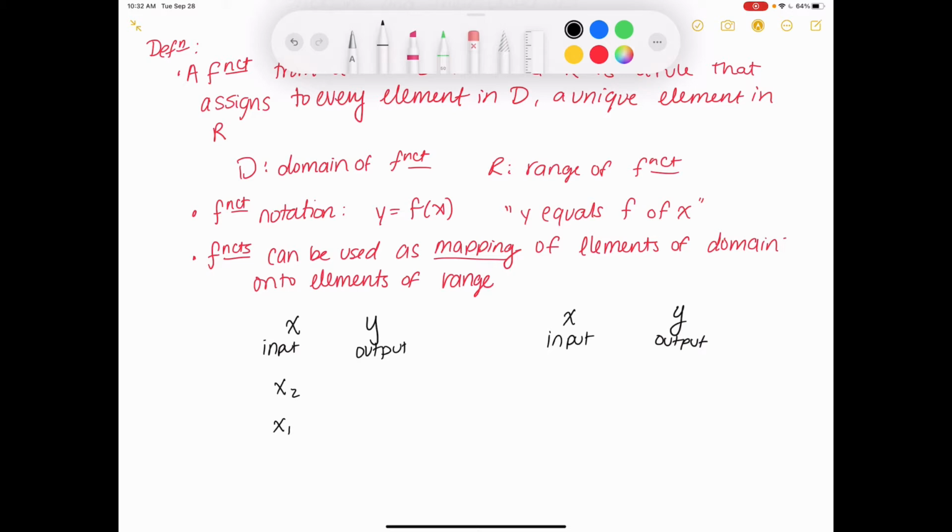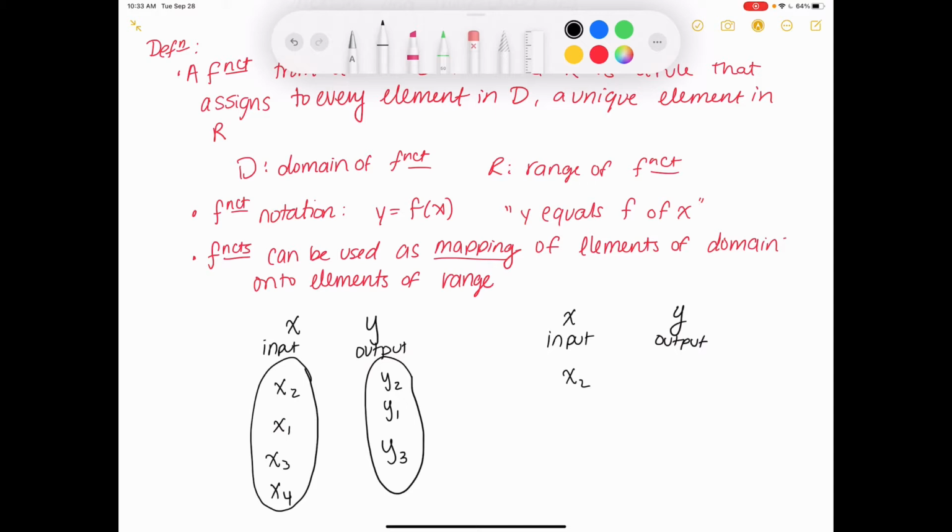X2, X1, X3, X4. Remember, these are just representing numbers. Y2, Y1, Y3. Okay, and then over here on the other one, I'll set them up and then I'll draw the little lines. X2, X1, X3, X4.